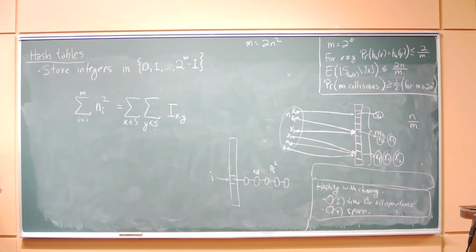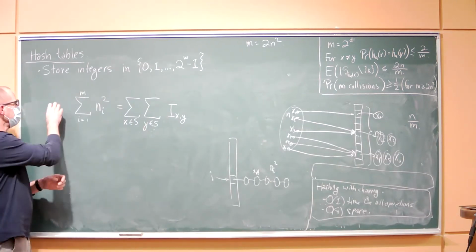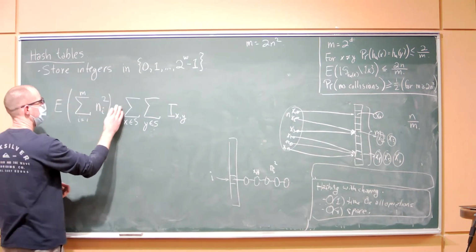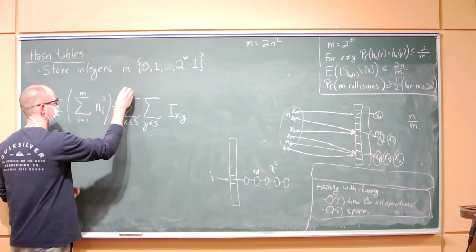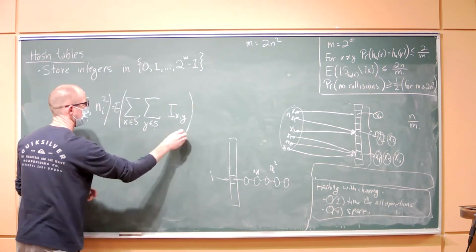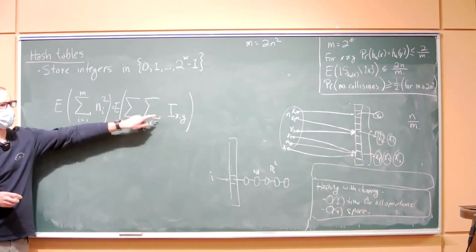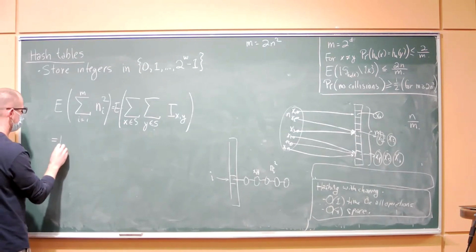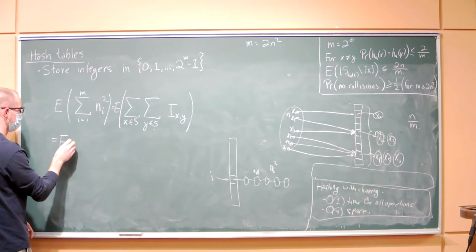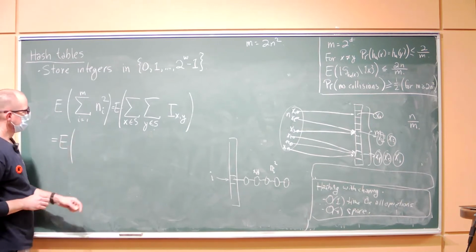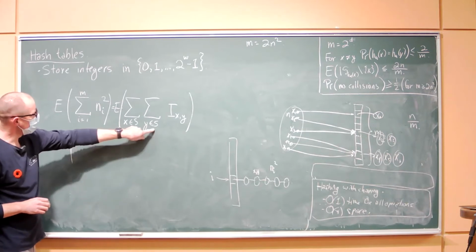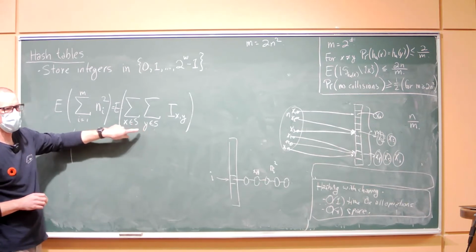Why would I want to do this? Well, I would like to know the expected value of this thing, and I have some hope of computing it, but not quite there yet. This is a bit annoying because it also has terms where x and y are the same.